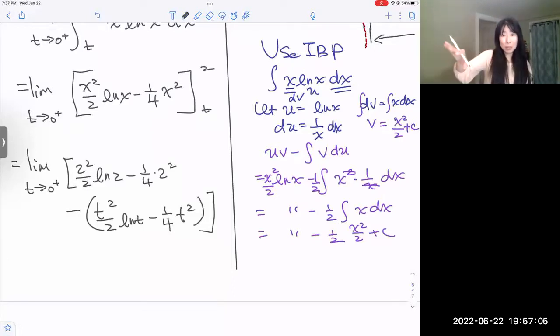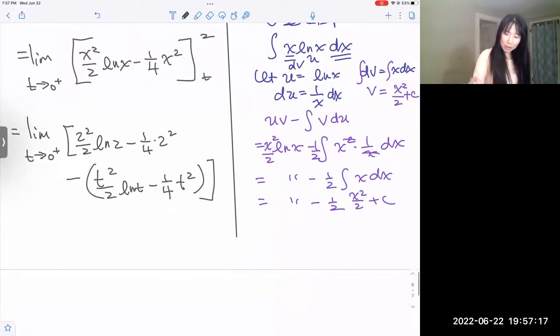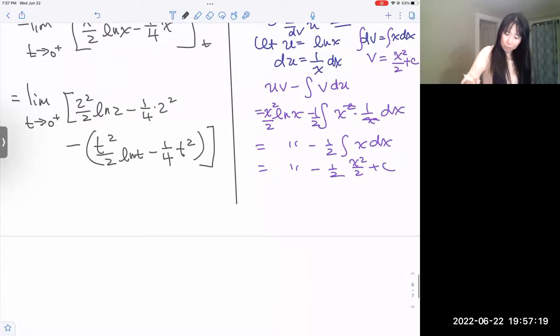Once the second term is positive infinity or negative infinity, the whole thing is divergent, right? So we don't need that. All right. So let's work on the right side, the second term first.